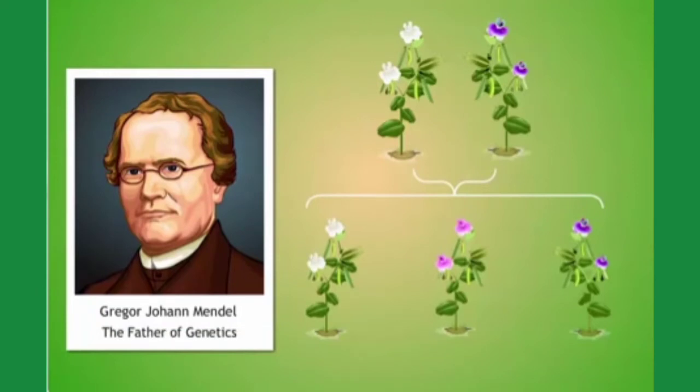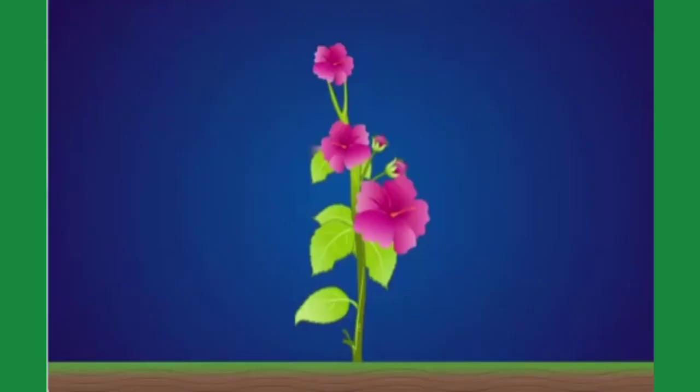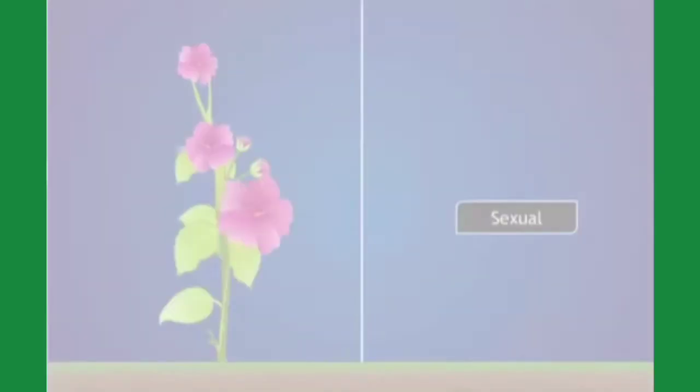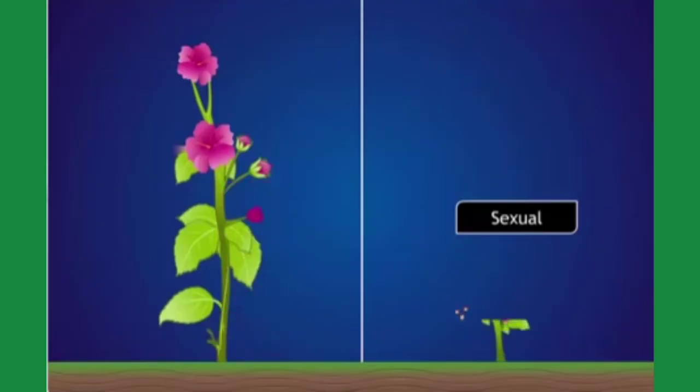He experimented with pea plants and found variations among them. Later, these variations were found to be genetic variation. Variations in heredity occur during sexual as well as asexual reproduction.